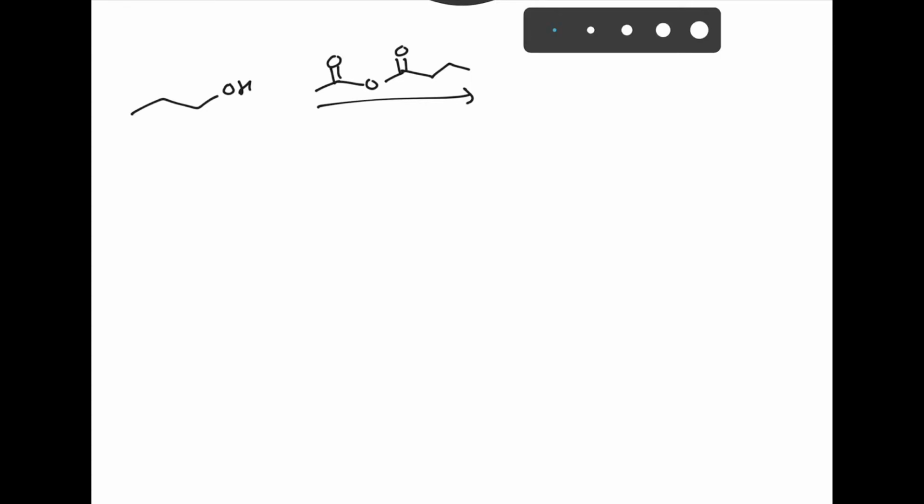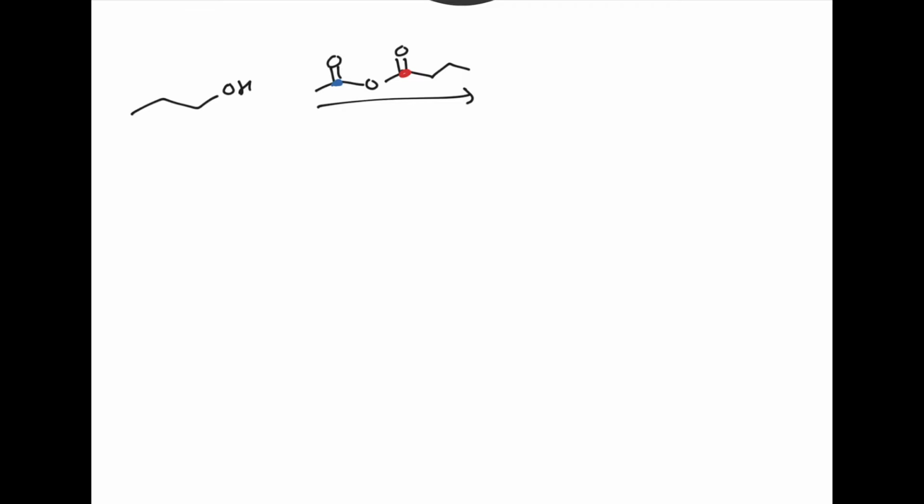Right, we have our same dumb little alcohol here. That's very smart. Its mom loves it, but you know. And I have this anhydride. Those two carbonyls are pretty close to one another, right? In terms of sterics, there's not a whole lot that differentiates, let's say, blue dot here from red dot.